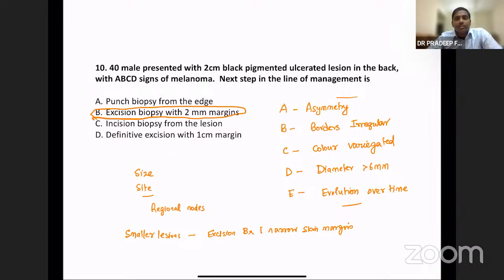Let's discuss about the management of melanoma. So for smaller lesions, that means you have done an excision biopsy. Now you are measuring the Breslow thickness. So Breslow thickness is similar to the depth of invasion.